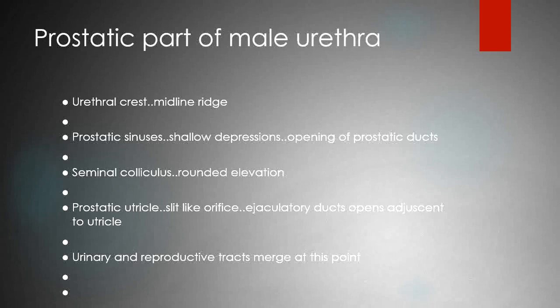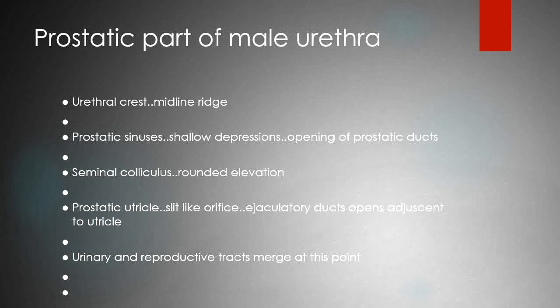Prostatic ducts open into the floor of these prostatic sinuses, which are almost 15 to 20 in number. In about middle of this urethral crest, there is a rounded elevation which is known as seminal colliculus, or it is also called verumontanum.